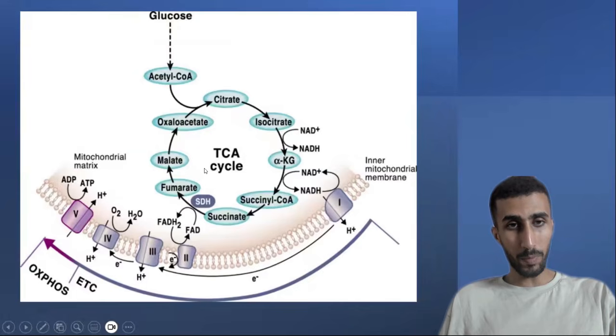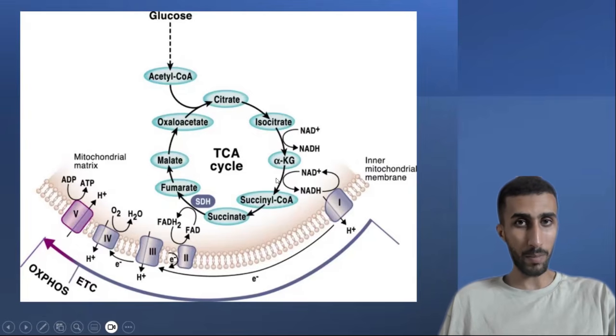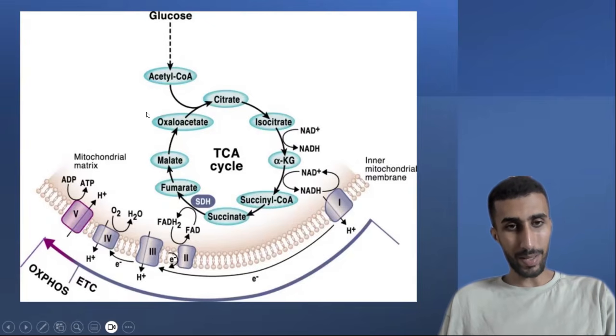This is a very important question. Remember, acetyl CoA can go into the citric acid cycle, which is a very efficient way to produce energy. This is the main way. But during starvation or fasting, in order to enter the citric acid cycle, acetyl CoA needs to combine with oxaloacetate to form citrate.